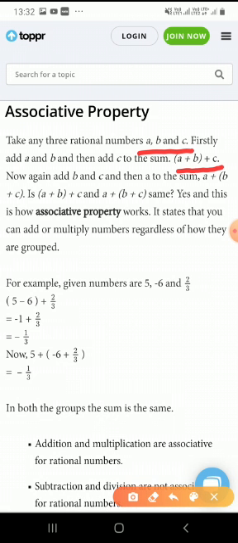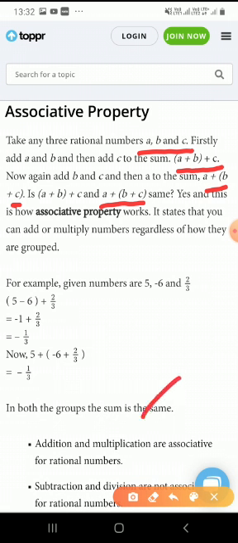Means first we have formed the group of a and b. First we will add up a and b, and then whatever answer comes, we are going to add it to c. Another order which we can follow is, we can first add b and c, b plus c, and then whatever answer comes, we are going to add it to a.